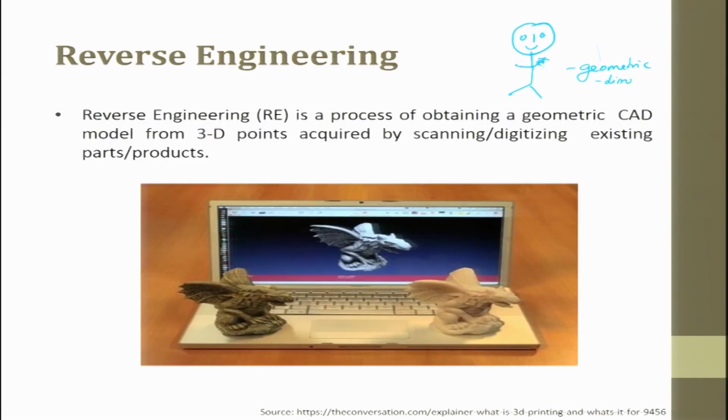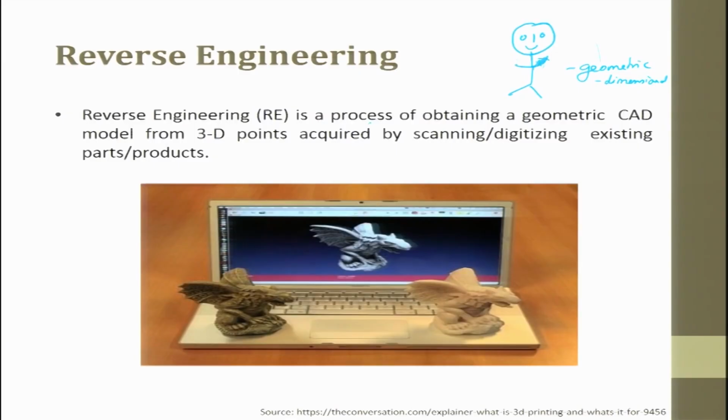Then I get the data for this hand. If I do the mirror image of this hand, I will get the other hand also. Because of reverse engineering, I could completely scan and redo the broken part. So, if I have to redo it, I use the technique called reverse engineering.